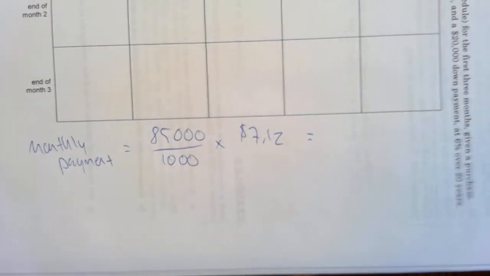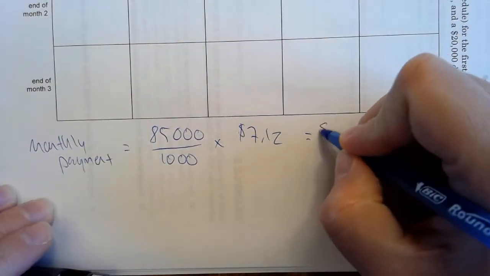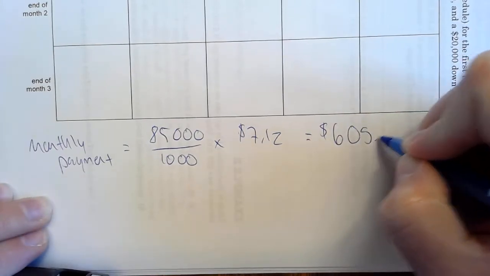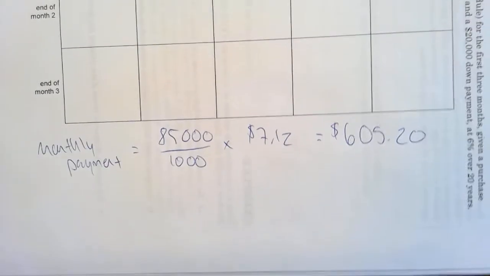And check that in our calculators real quick. All right, so every month we have to pay $605.20.